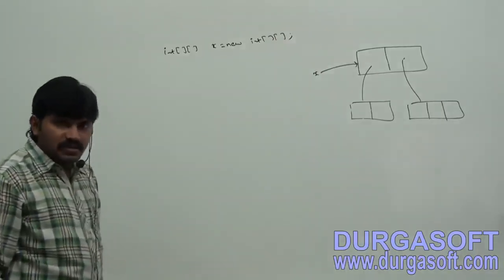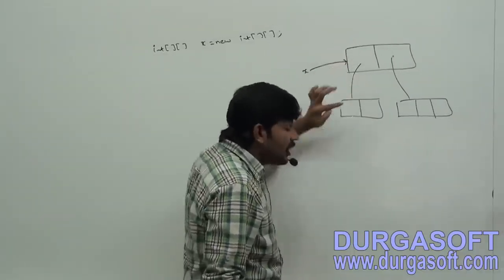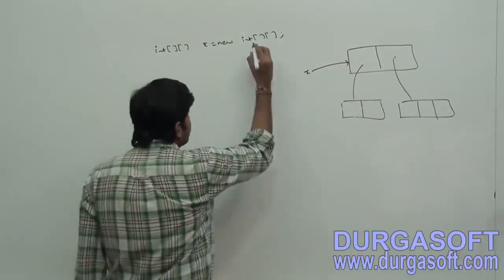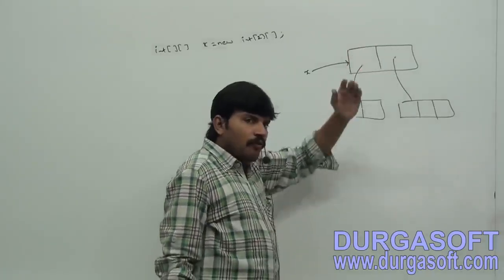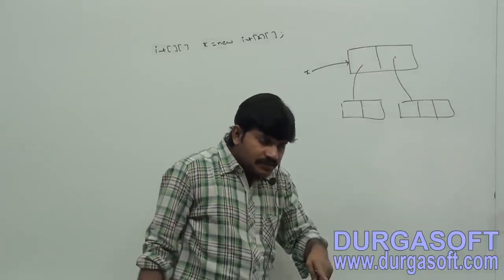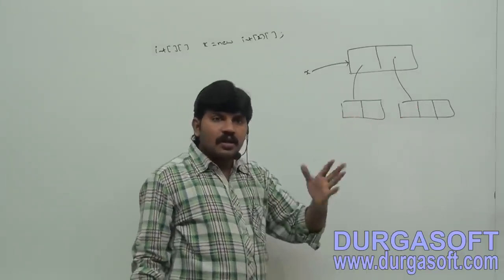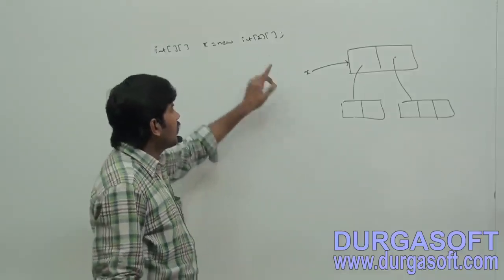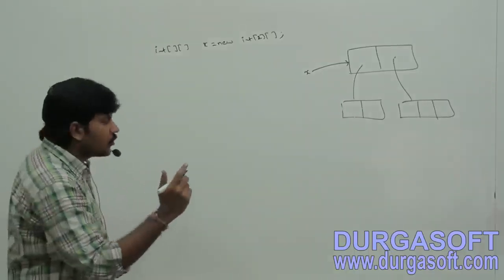Can you tell what is the base size? Base size is 2. What is the next level size? Sometimes 2, sometimes 3. That's why it is not fixed. If it is not fixed, not required to worry. Leave that, no problem at all. In the next lines we will talk about that.